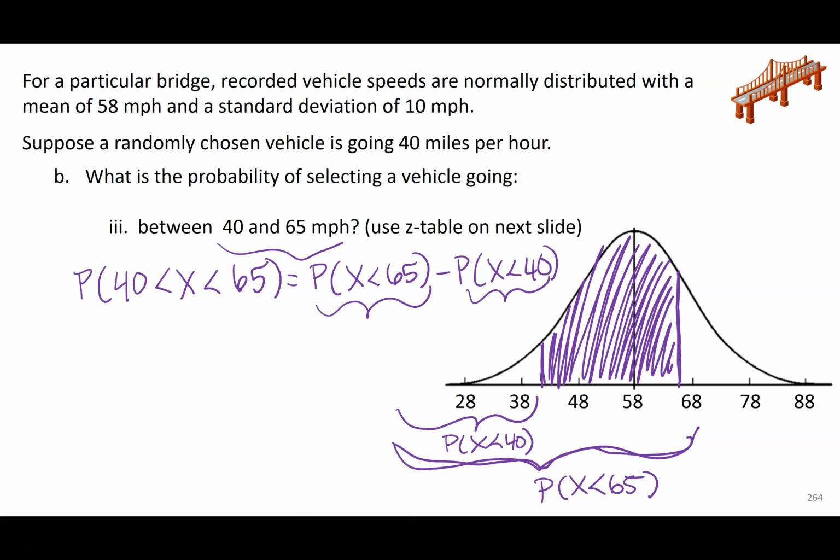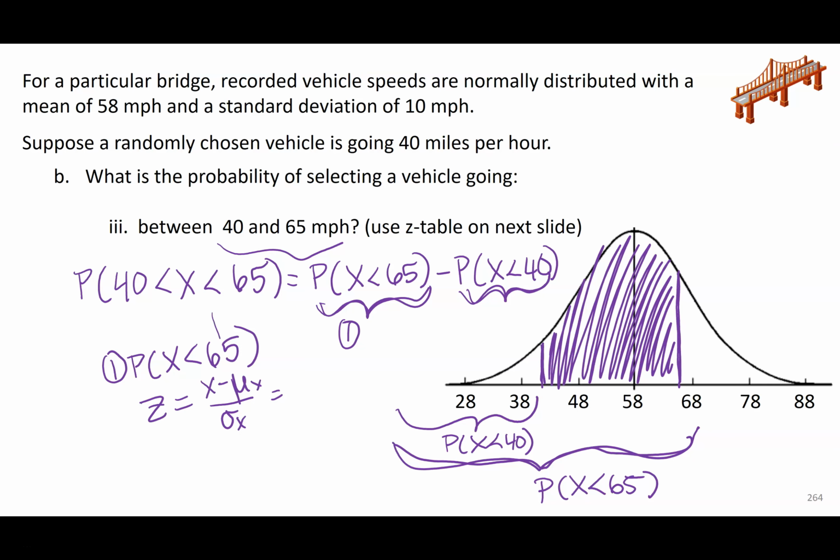We are going to have to get a z-score for this. So if we didn't calculate a z-score for the second part, we'd have to calculate a z-score for each part here. So I'm going to go ahead and do this. So probability x is less than 65. I am going to get a z-score for this. So z is less than, and I'm just going to write the equation, then fill in.